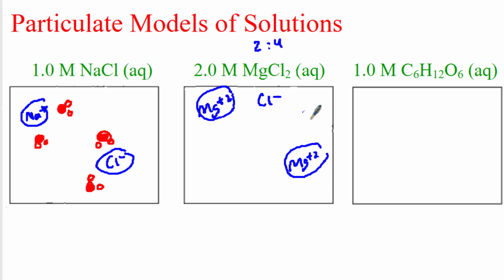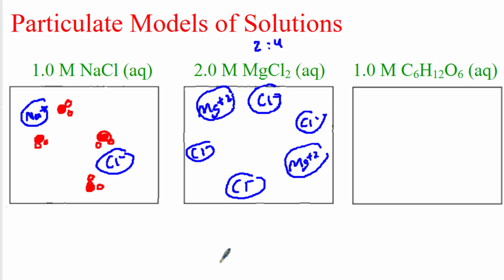So I'm going to have 4 chloride ions here, and that is what my particulate solution of 2 molar of MgCl2 looks like, okay? Because we said 1 molar was 1 particle broken up, 2 molar would be 2 particles, but because there's 2 chlorides, it's double that.